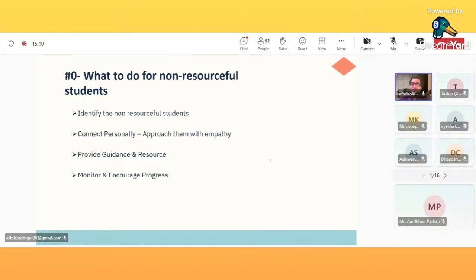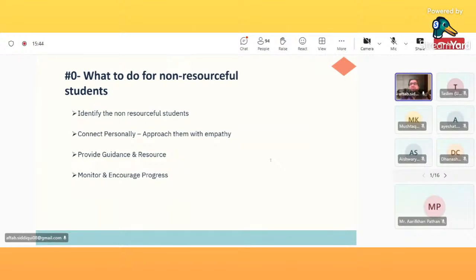Then the second thing is you need to connect with them. Approach them with empathy, rather than judgment. Don't judge those students. You can have a one-to-one conversation to understand what challenges they are facing, whether the challenges are academic or emotional or some personal issues are going on. That's why today I go to schools also for lectures. Now schools are adapting this culture.